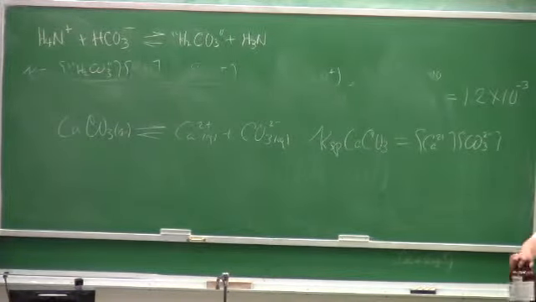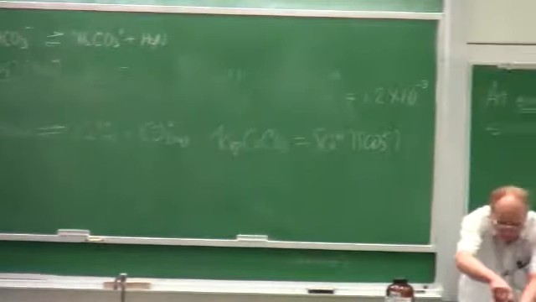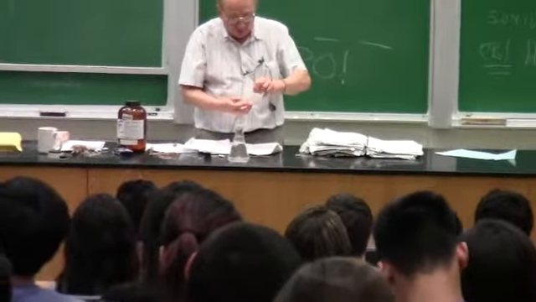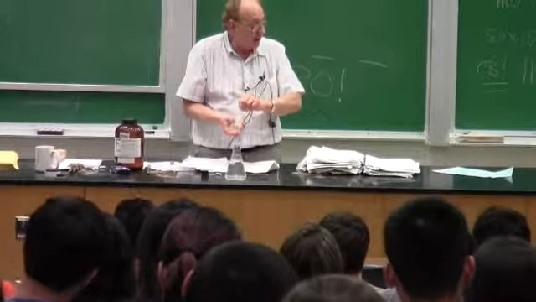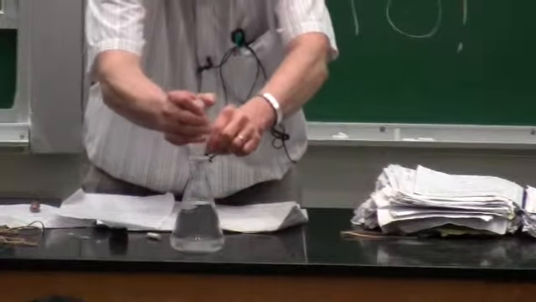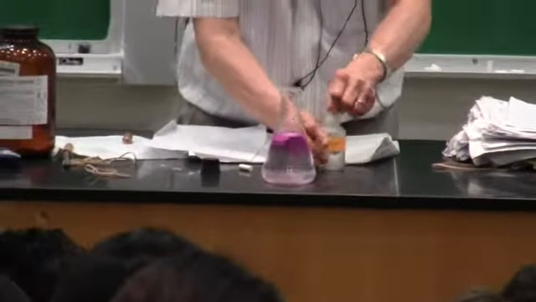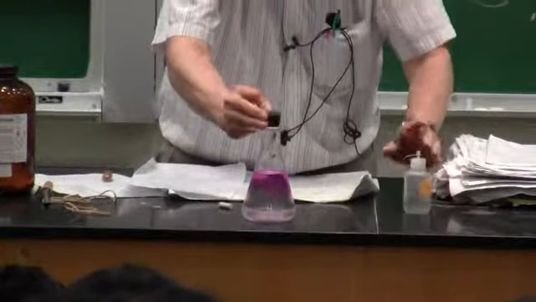But, to repeat something we did day one. Now I hope this works, because sometimes this DI water is pretty acidic and I have to run a whole bunch of it out of the tap before I can get the appropriate results. Oh, we're doing fine. Phenolphthalein is the indicator.